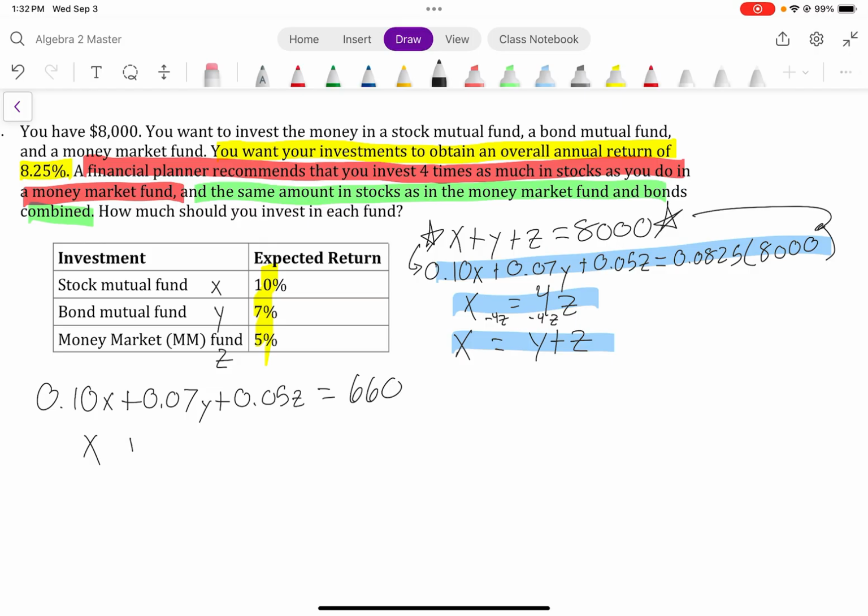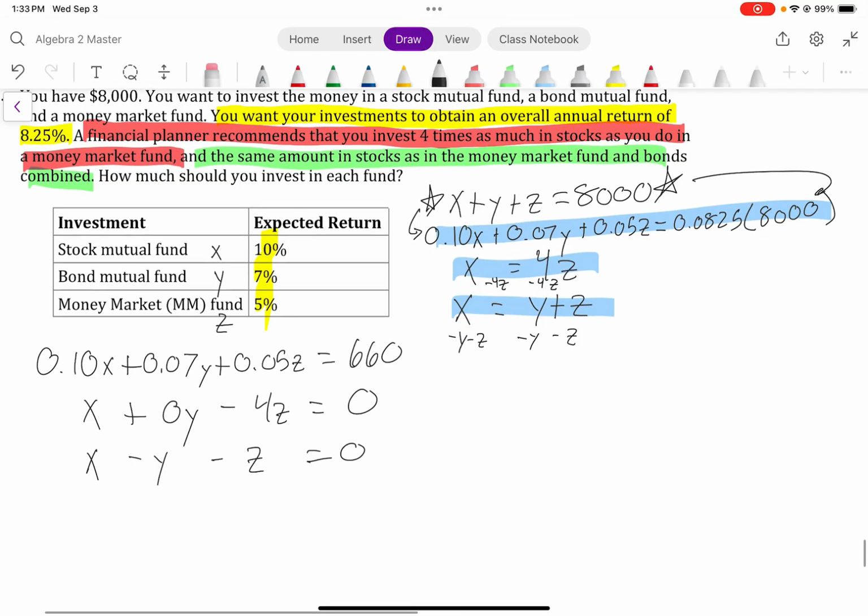I'm going to have an X plus 0Y. There are no Y's. Minus 4Z equals now 0. Okay, I do the same thing here on the third one, in the sense that I subtract everything from the right to bring it to the left to end up with X minus Y minus Z equals 0. This seems like a silly, insignificant step, but if you don't move these things over, you're going to get coefficients that have the wrong signs, which are going to mess with the rest of your problem.